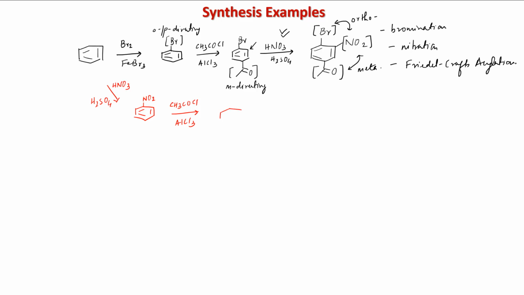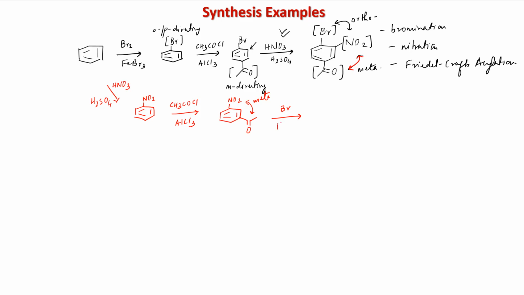So we can take the nitrobenzene and do a Friedel-Crafts acylation. That's going to give us the nitro group and the acyl group, which are meta to each other. So that is the regiochemistry that we are seeing in the product. Those two groups are meta to each other. Now, the last reaction that we have to do is the bromination.